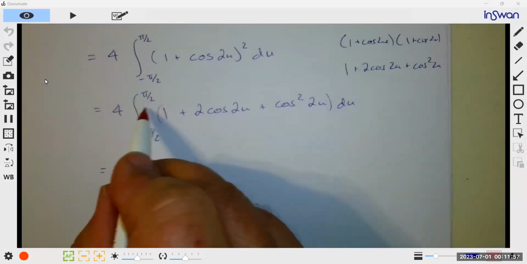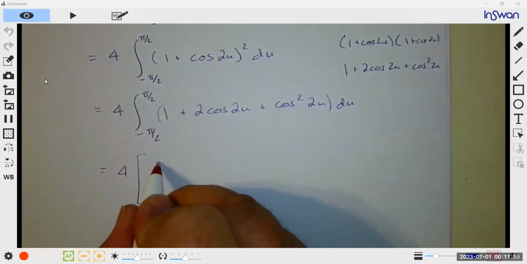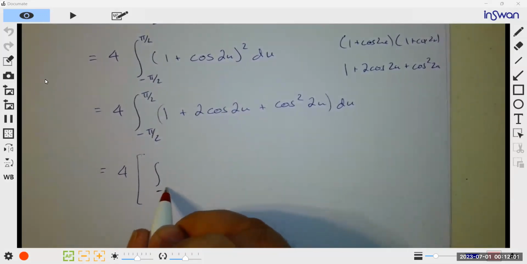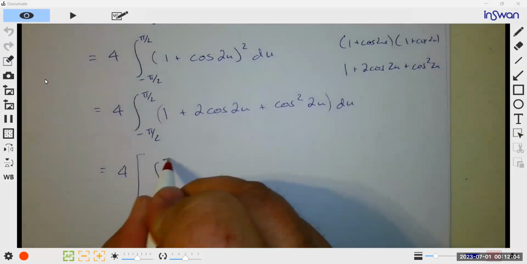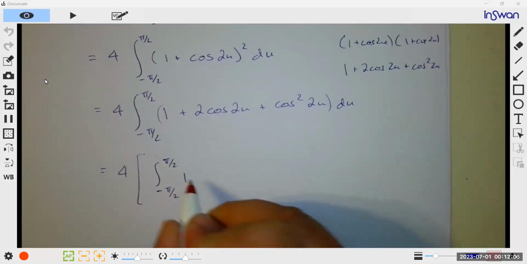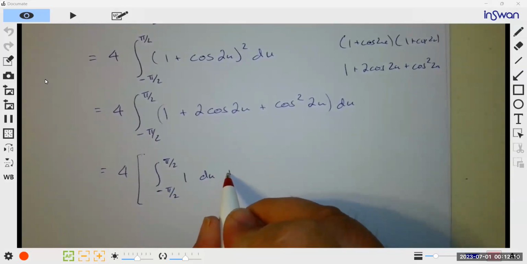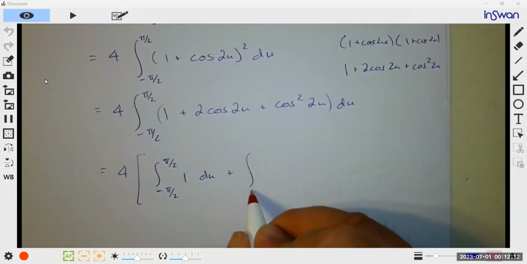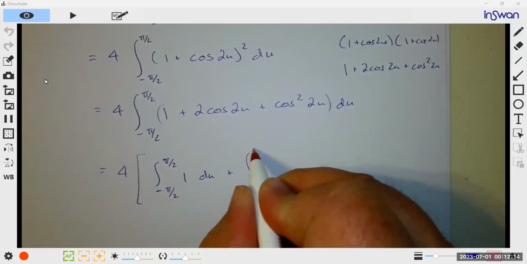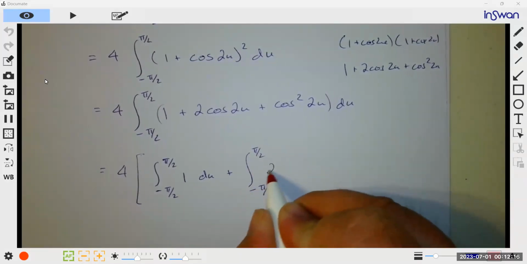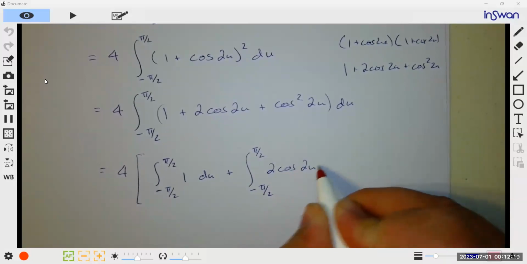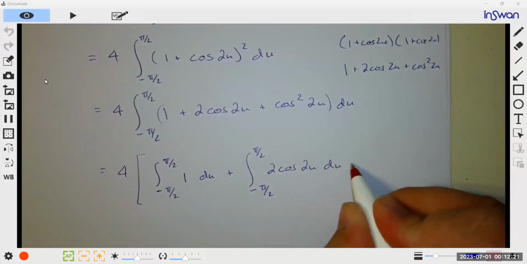So let's distribute this integral sign to each term. To cosine 2u du.